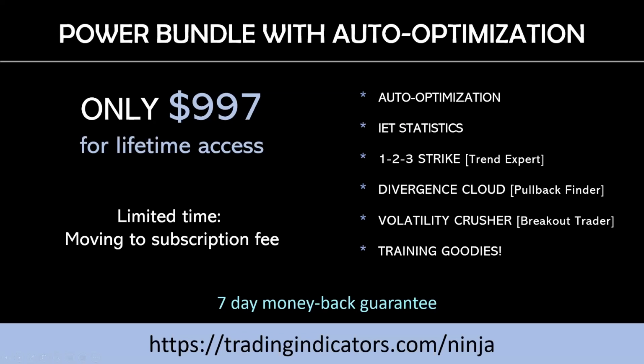This gives even stronger conviction that this is going to be a successful signal, and this is what we call a super signal. It's based on confluence. Again, it's going to come for NinjaTrader, but this offer here is for the Power Bundle with auto optimization. It does not yet include the super signals, but once super signals are available and you have this package, you can simply upgrade to the super signals as well.